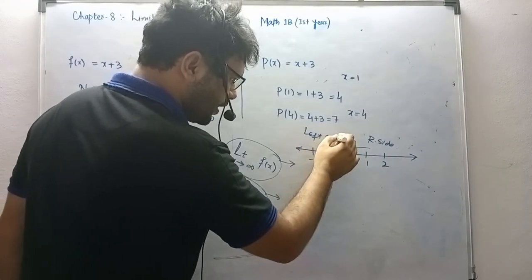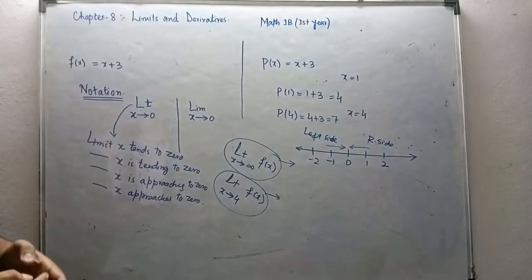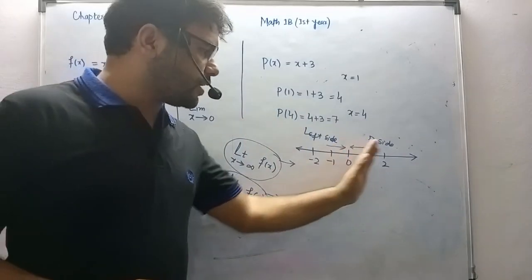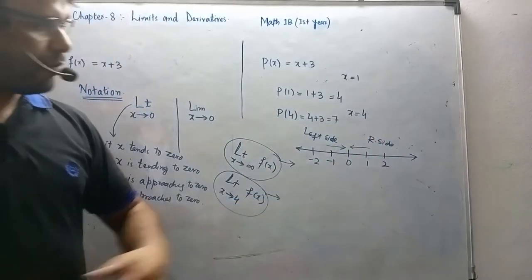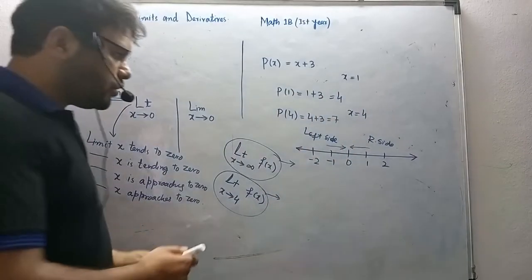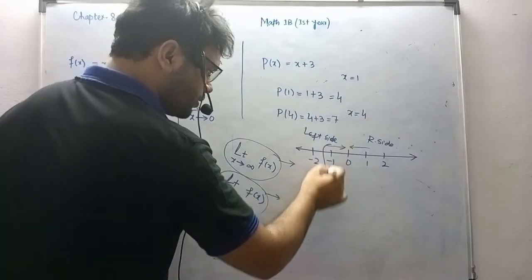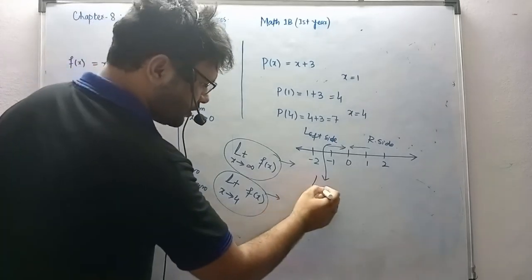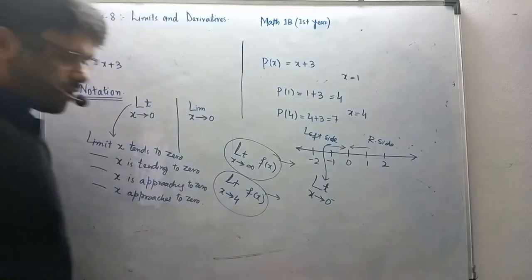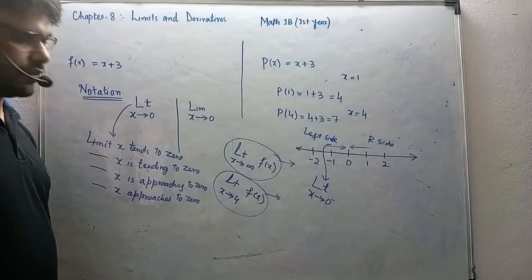So to approach 0 we have two ways, the left side and the right side. From the left side we can approach 0, and from the right side we can approach 0. When I am approaching from the left side, I write limit x tending to 0 minus. Above I have to write the minus notation.